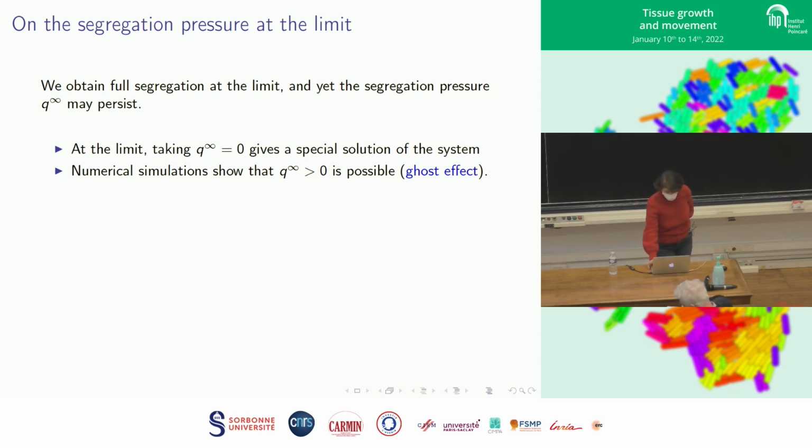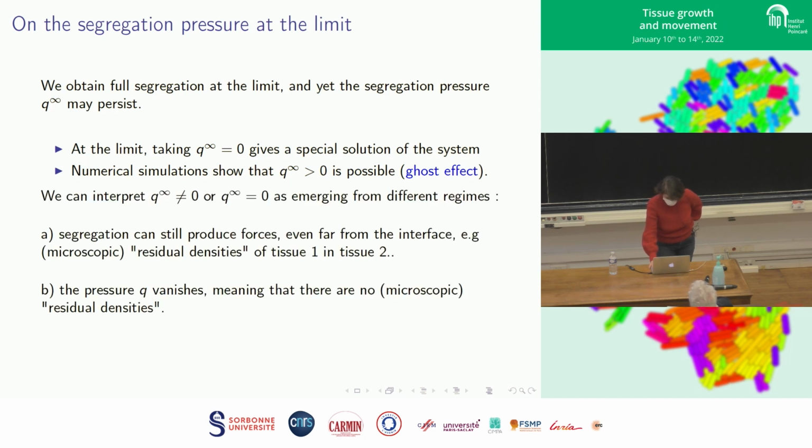It seems here that we can obtain a finite non-zero limit, and we called it a ghost effect, as in kinetic theory. So how to interpret this? Maybe one way to understand this is that even at the limit, segregation can still produce some forces and still affect the dynamics.